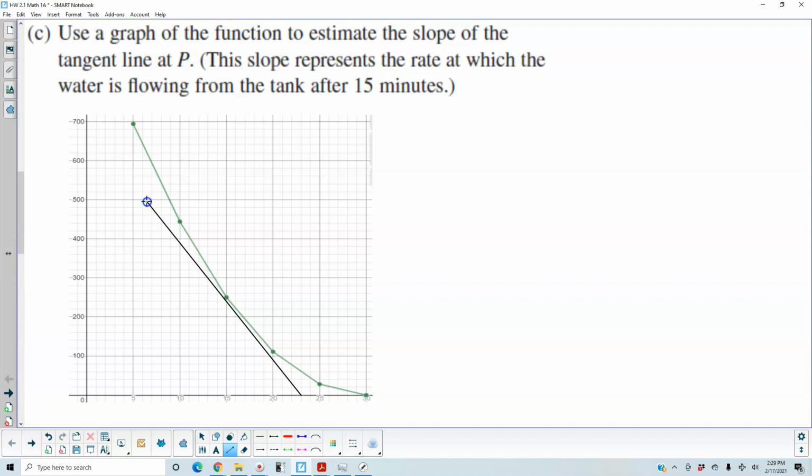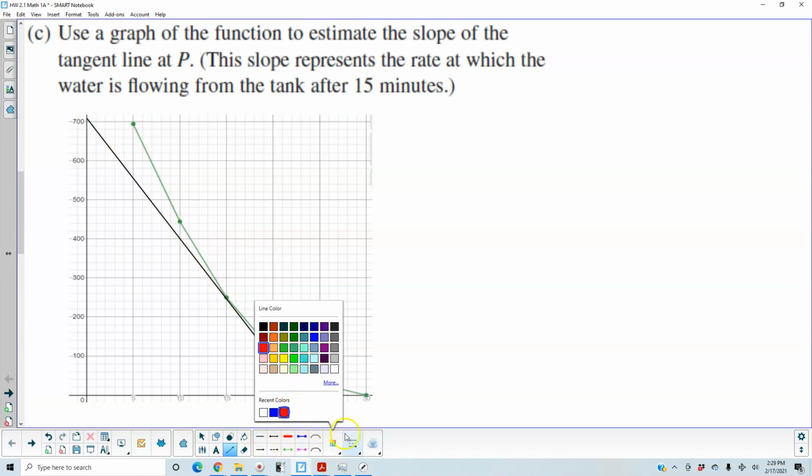Okay, so that tangent line is going to be touching right at that point. So that would be the tangent line that we're estimating it to be, because that's right on that graph located right here.